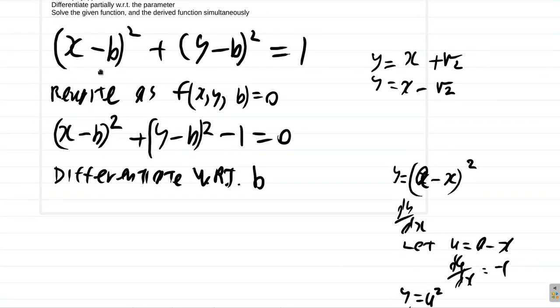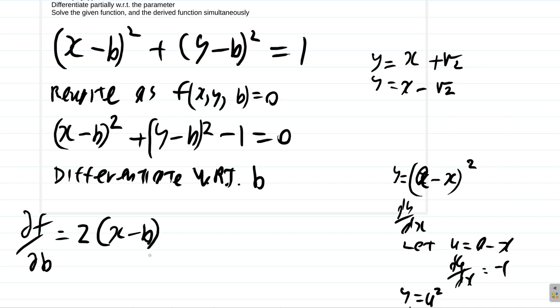Alright? So here, the mental way to do it. You're finding delta of the function by delta b. Mentally, you have the inside function, which we had called u, and the outside function, which is u squared. This is the inside function squared, so it's going to be 2 times x minus b. That's the inside function, right? Oh, I made a mistake here.